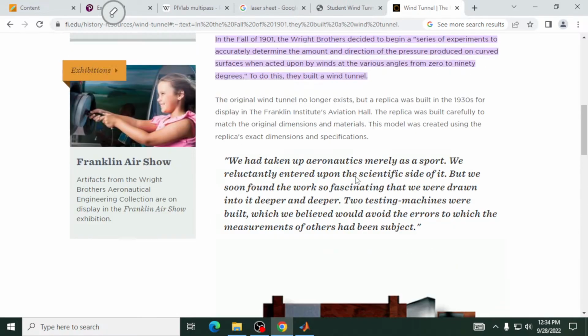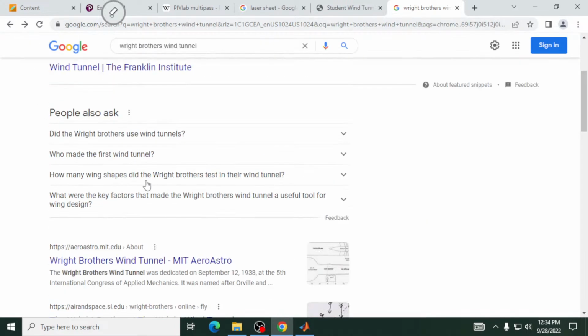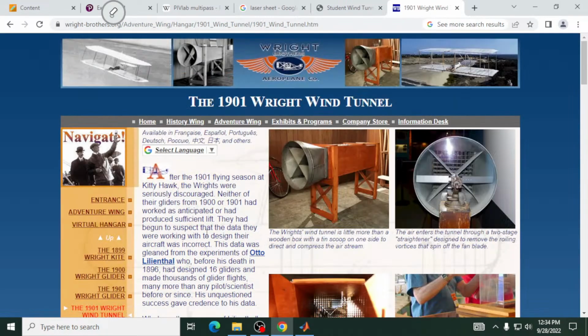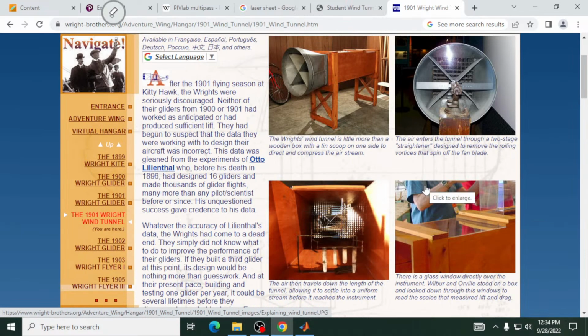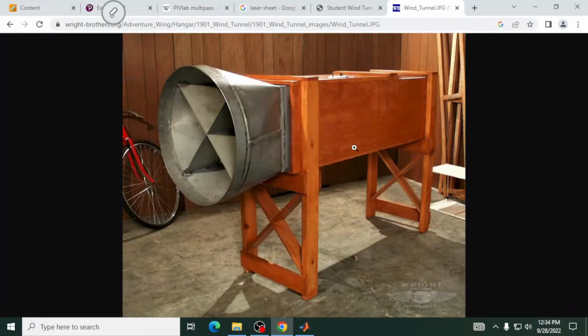The Wright brothers made their own wind tunnel. Oh yeah, there we go. So that was their wind tunnel they built over 100 years ago. A wooden box. That was pretty much it.